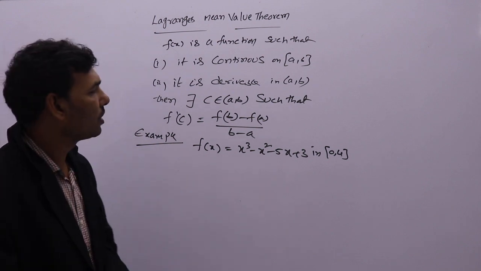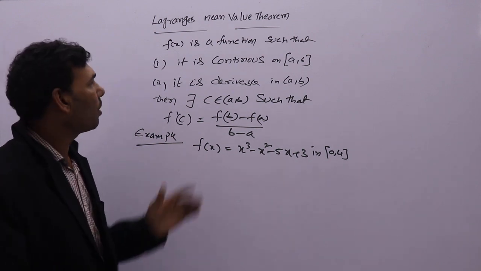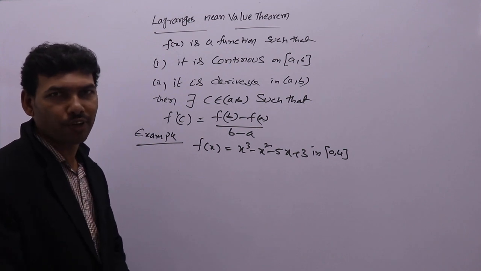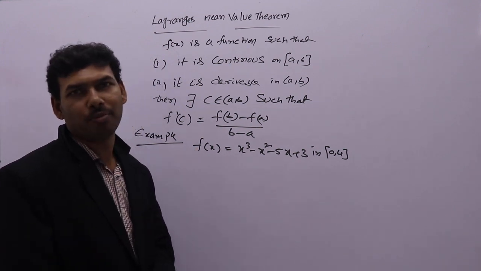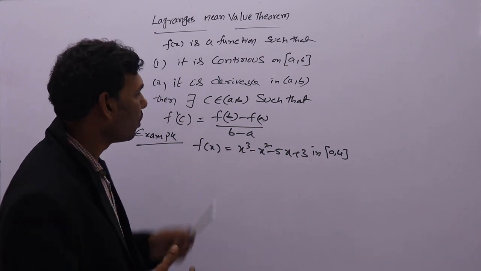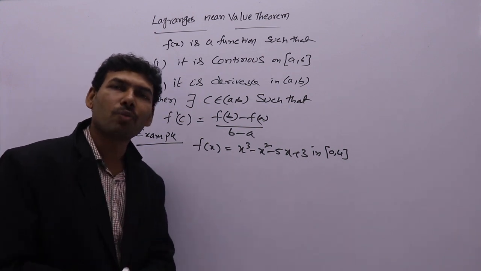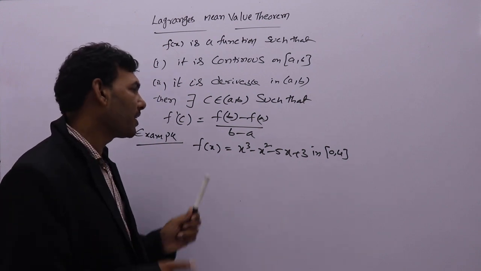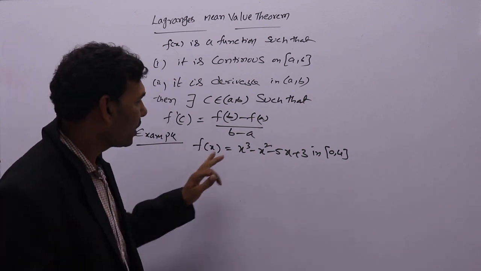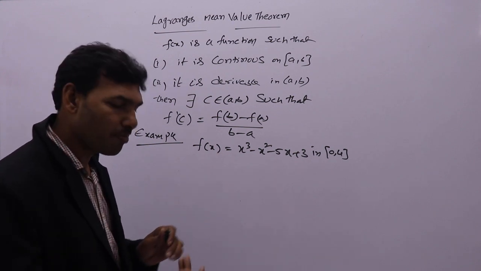First we need to check whether this function is continuous and derivable or not. Whenever the given function is a polynomial, it is always continuous and derivable. Here clearly f(x) is a polynomial.